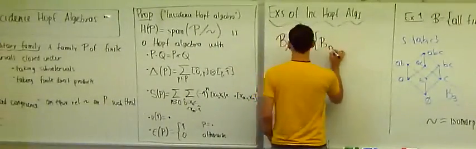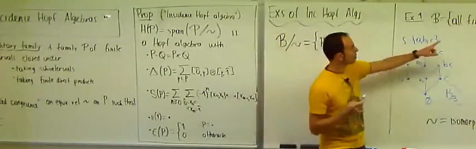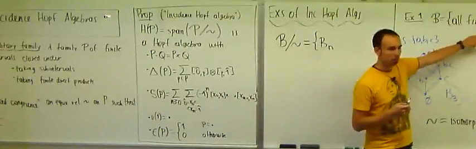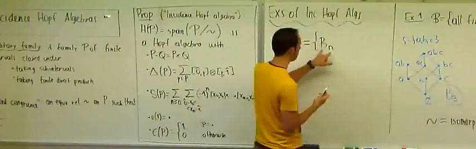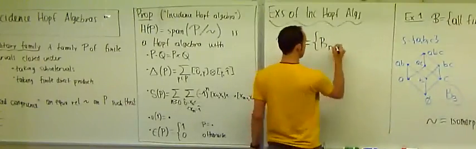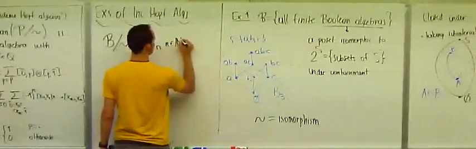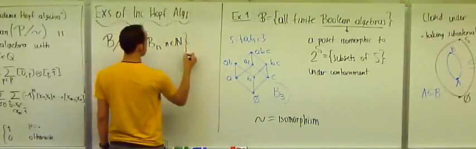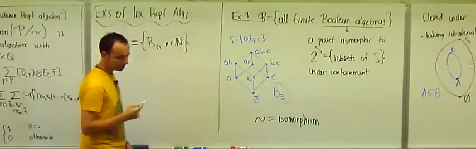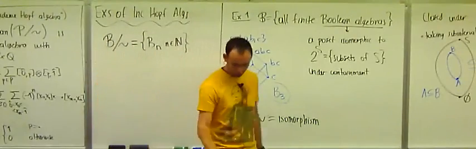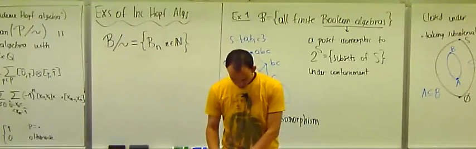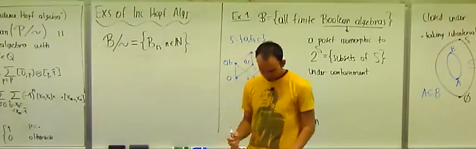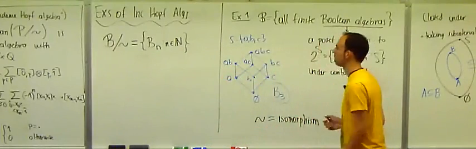Notice that here I defined these to be finite Boolean algebras, so we want the B sub n's for n finite, where n is some natural number.